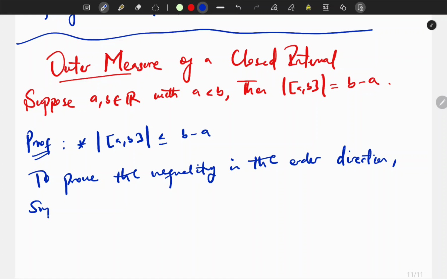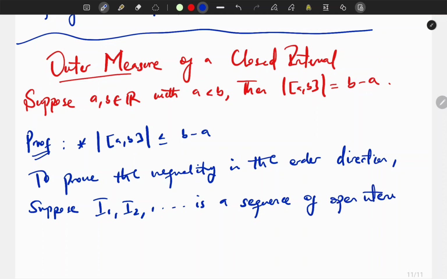so suppose I1, I2, dot dot is a sequence of open intervals such that a comma b is a subset of these guys.